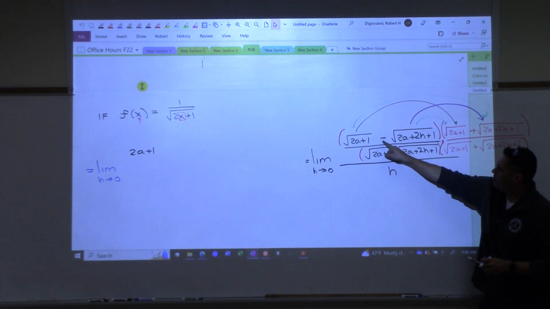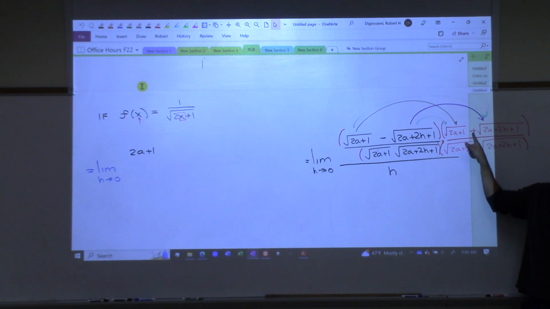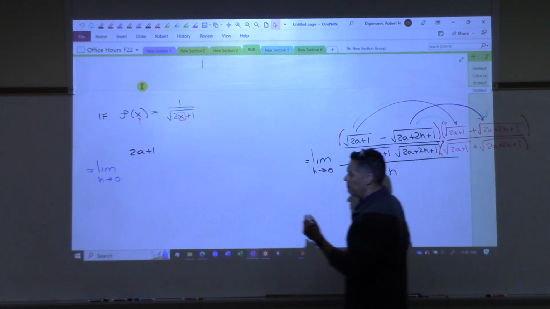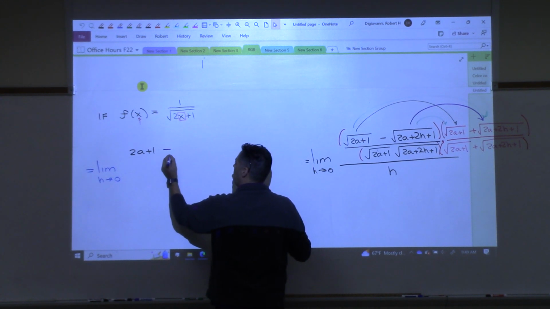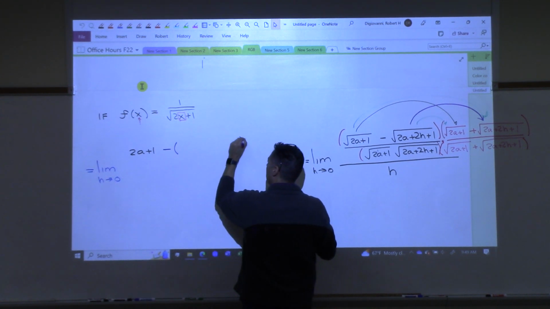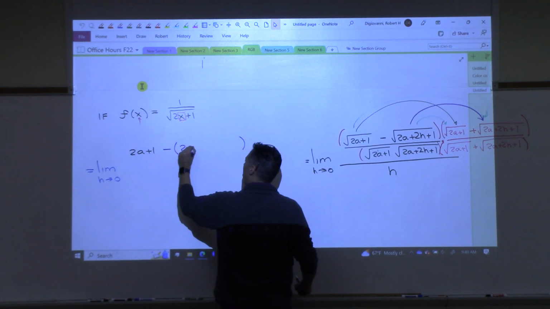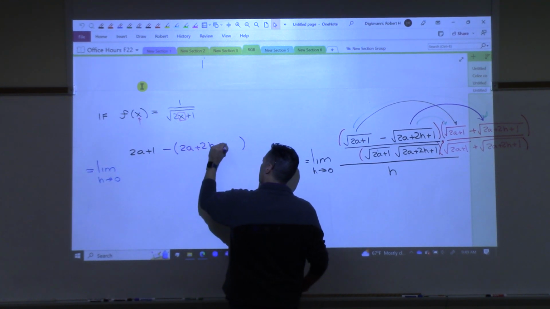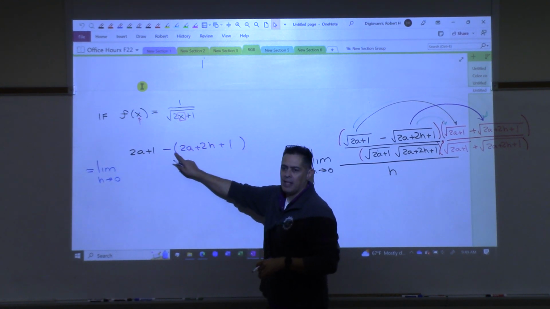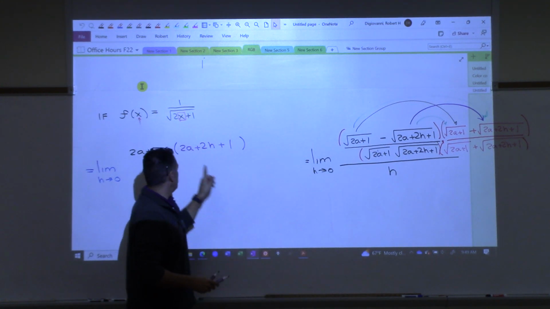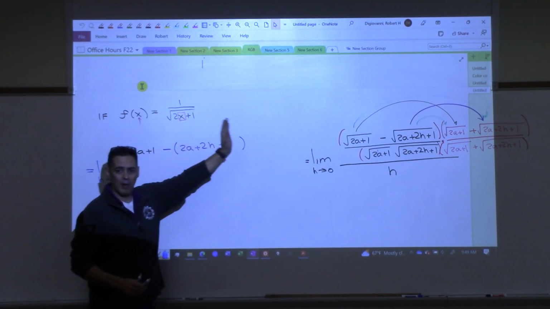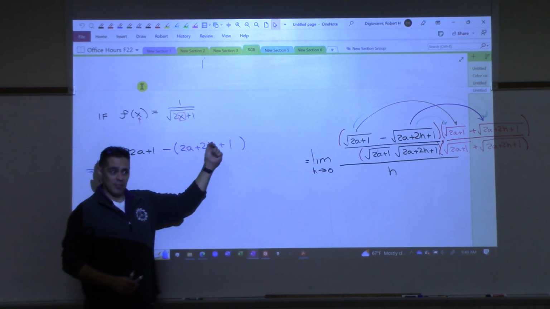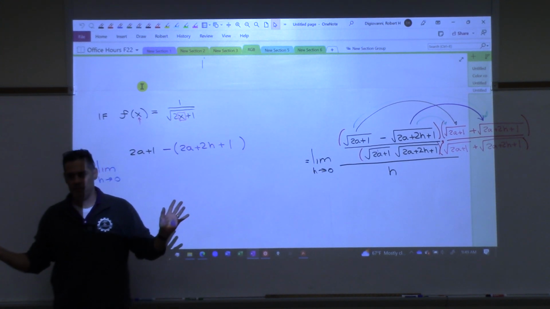But that's a negative and that's a positive, so you're going to have a minus, aren't you? So you have to write minus, and then parentheses, whatever was under the root, 2a plus 2h plus 1. That's the mistake people make: they make the root go away, and they do put a negative out here, but they don't put the parentheses, so that negative never distributes, and then it messes everything up.